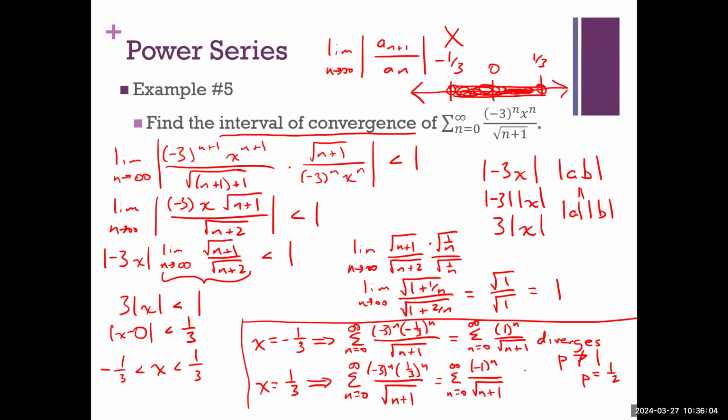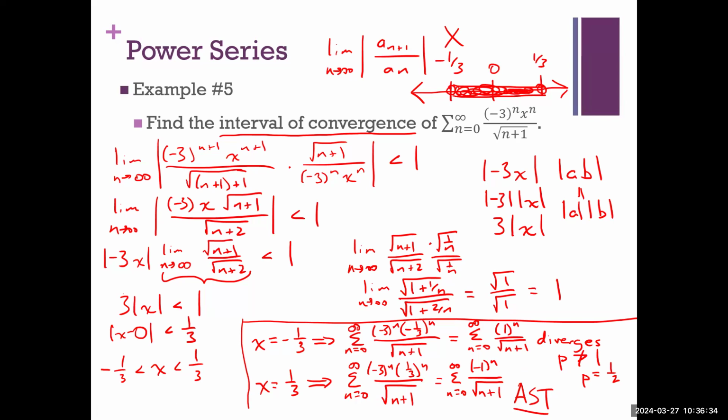Does the p series hold here? No. Why not? Because of the alternating. The alternating makes this a lot different. So we have to look at the alternating series test. I don't have space to write all the conditions, but I'll write alternating series test. What are the conditions? The non-alternating part needs to go to 0.